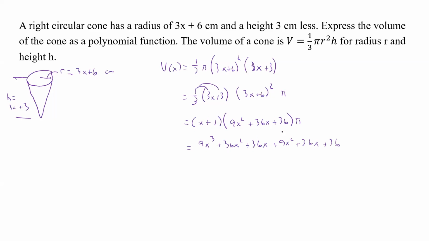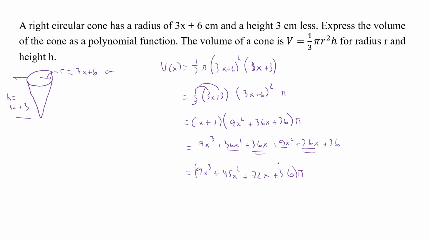And so that looks good. And so now we have x squared and x squared. So that's going to give us 9x to the third, plus, now we have 36 in that, so that's going to be 45x squared plus 72x plus 36, and that's all times pi.